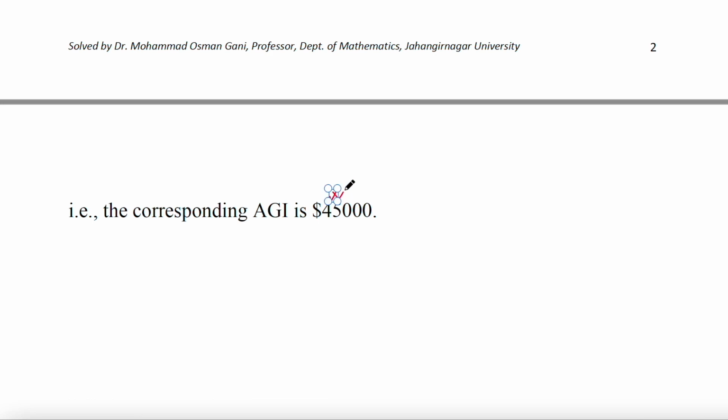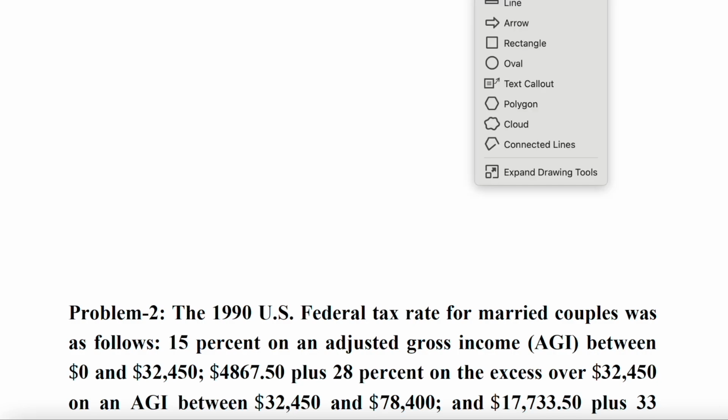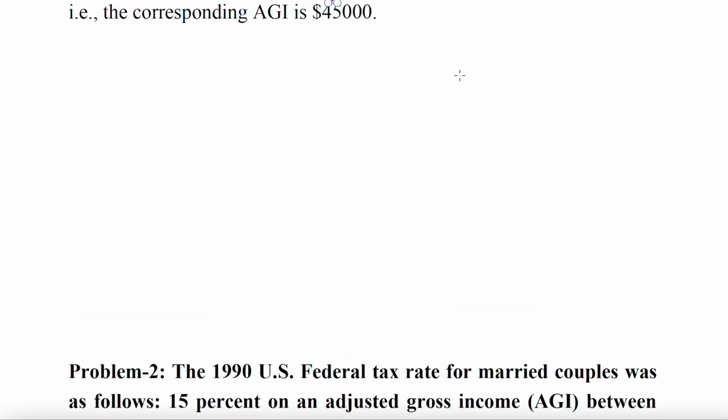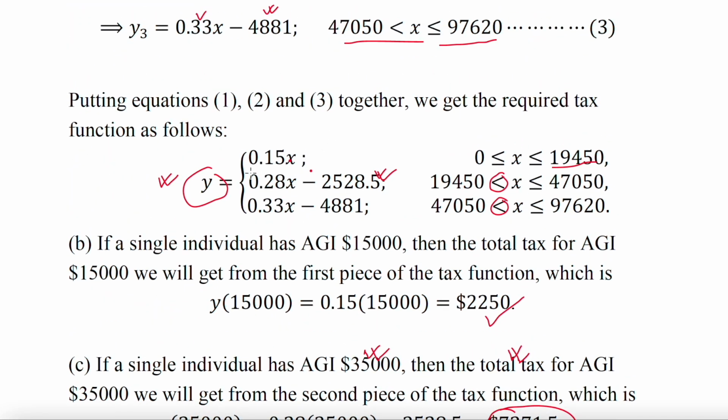This is the result. Now the question is, how can we draw the graph of our tax function? This is our tax function, and here you have three straight lines. Note that the first line starts at 0 and ends at 19,450.